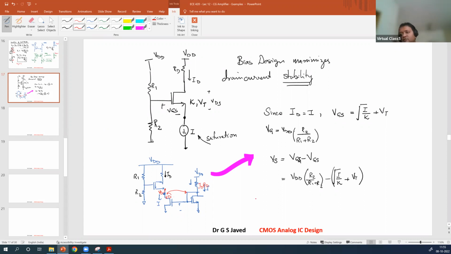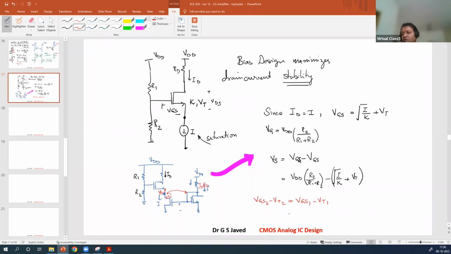So what is the condition for that? The condition is that the voltage must be greater than VGS2 minus VT2. That is this voltage. You should ensure that you maintain VGS1 minus VT1. Ensure these two voltages are present.